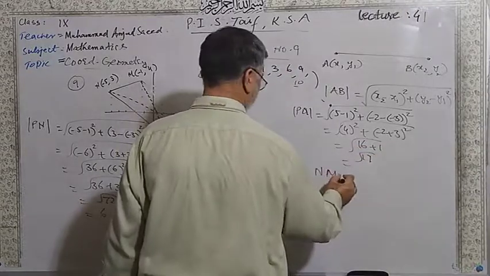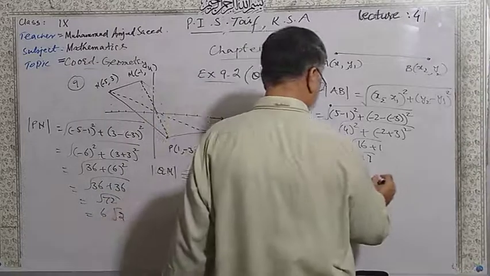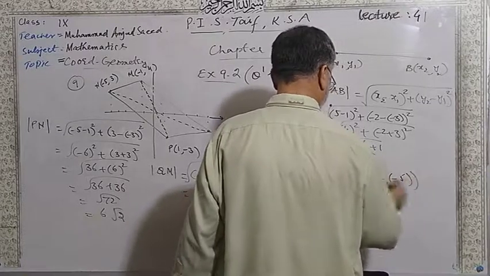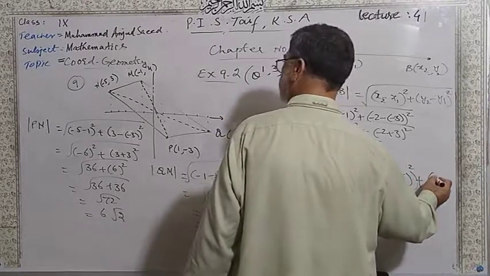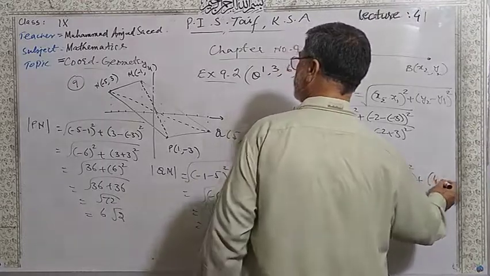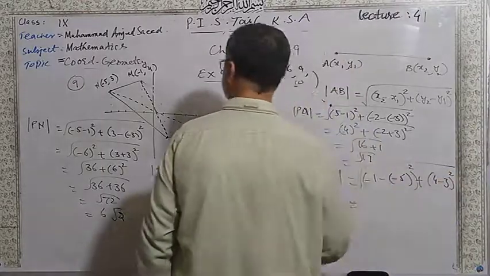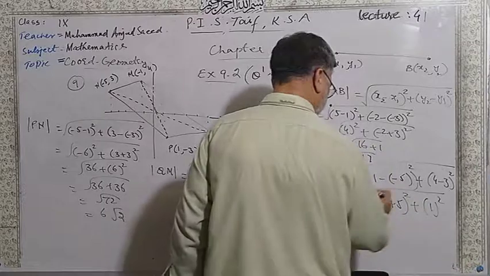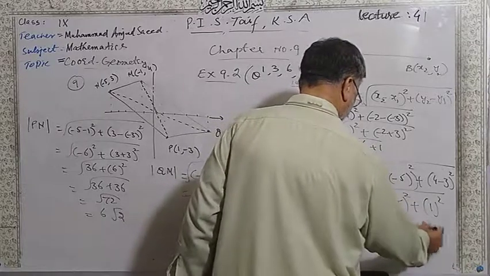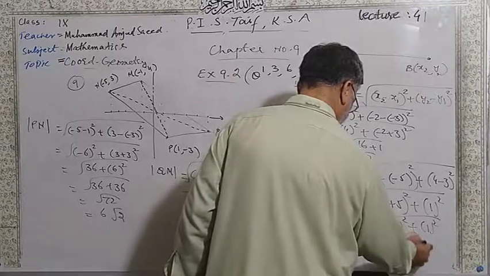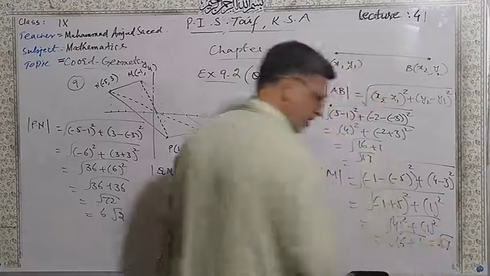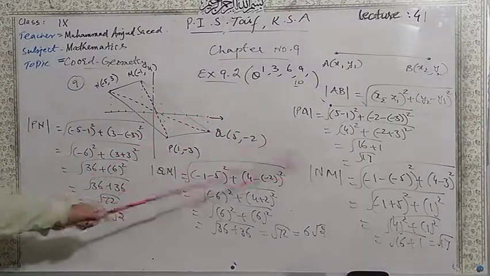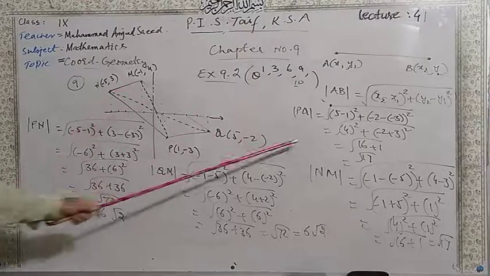Similarly, NM: (-1 plus 5) square plus (4 minus 3) square, 4 square plus 1 square, 16 plus 1, that is 17 under root. Dear students, you can check PQ and NM are equal in measurement.